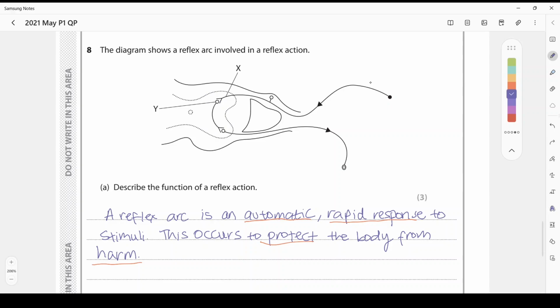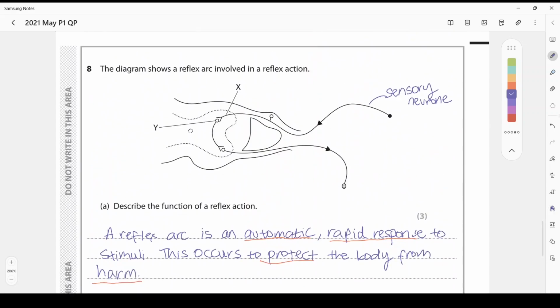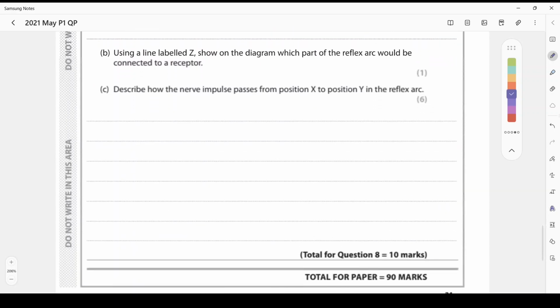So if this is the sensory neuron, then this, how do we label it again? Label it Z. This would be Z.